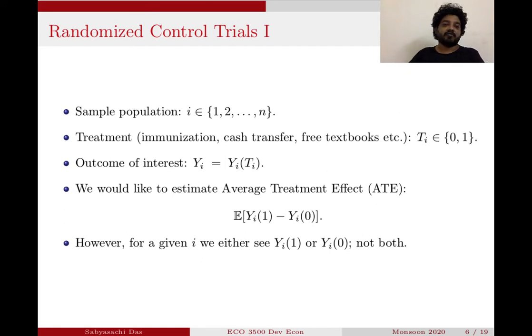Medical researchers wanted to find out efficacies of drugs, which is why they started using this method, randomized control trials, and then people like Abhijit Banerjee, Esther Duflo, and others popularized this method in the context of development economics by adopting and applying this method to understand impact of policies, and that gave them the Nobel Prize this year.